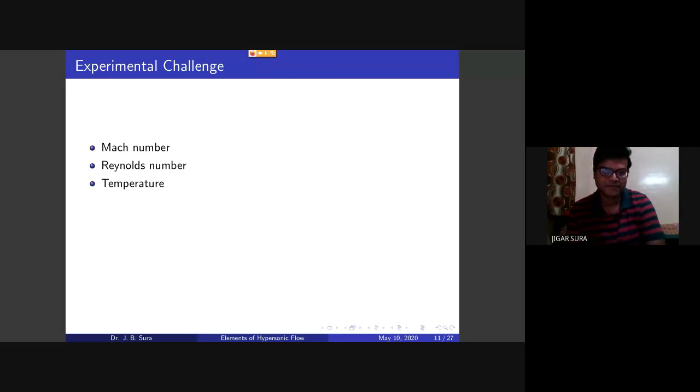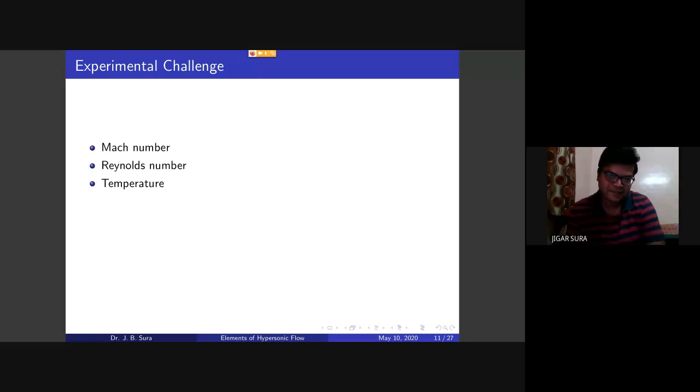Plus you have to take care of temperature. Now temperature is the difficult thing to achieve and control. The reason is temperature means weakening the structure. If you say I want to store some air or some gas or some liquid, some fluid at 100 bar pressure at room temperature, it is possible.